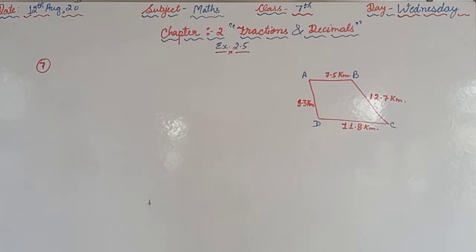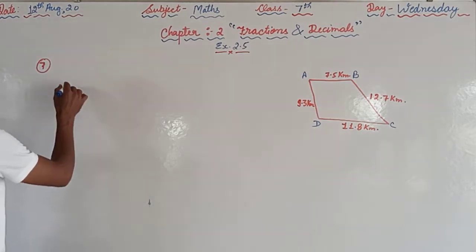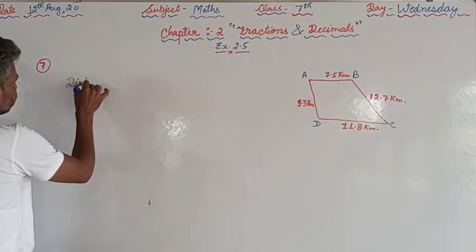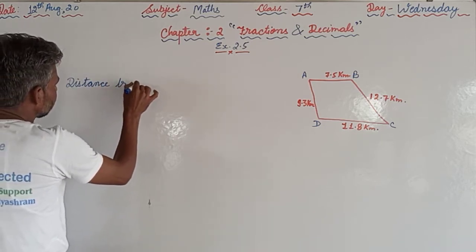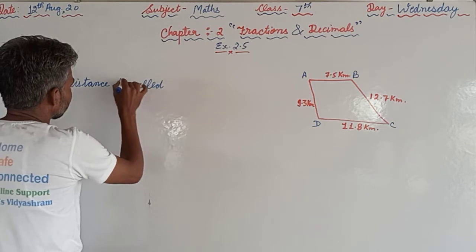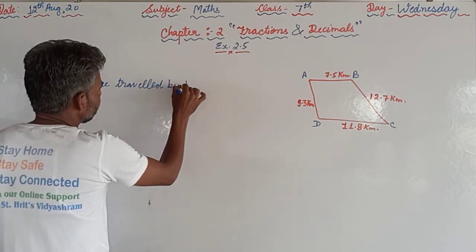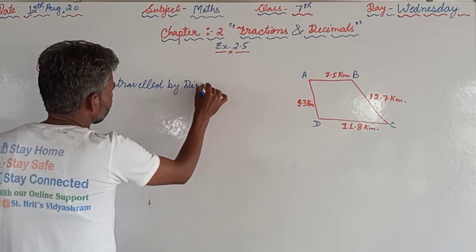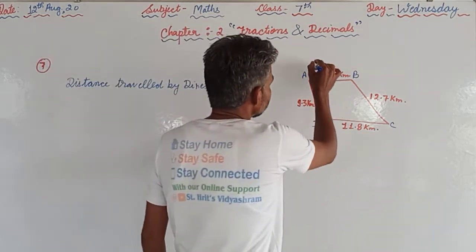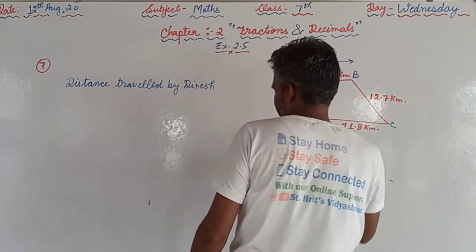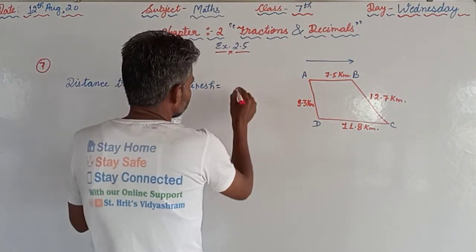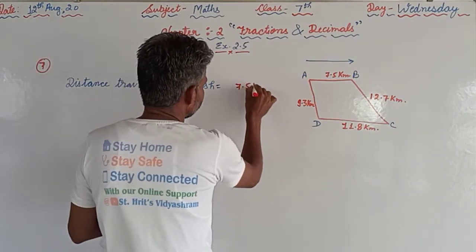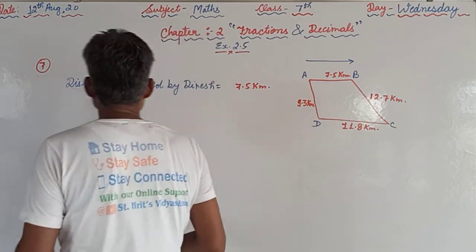First of all we will calculate the distance travelled by Dinesh. Dinesh went from A to B, that is 7.5 kilometers.